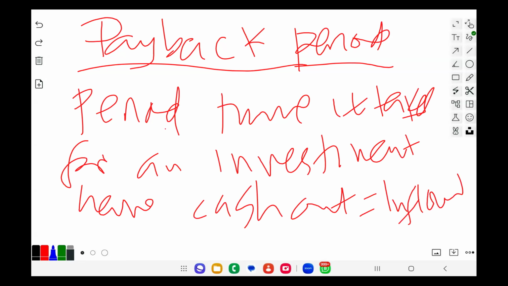That is a bit technical. Cash inflow is basically the cash that is flowing into the business from the project, right?